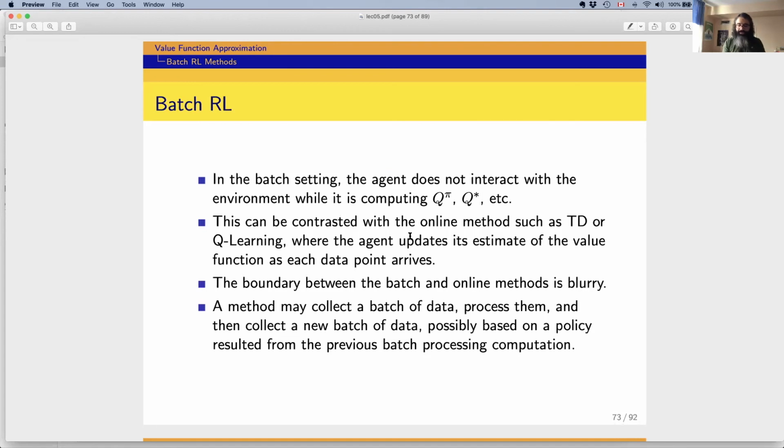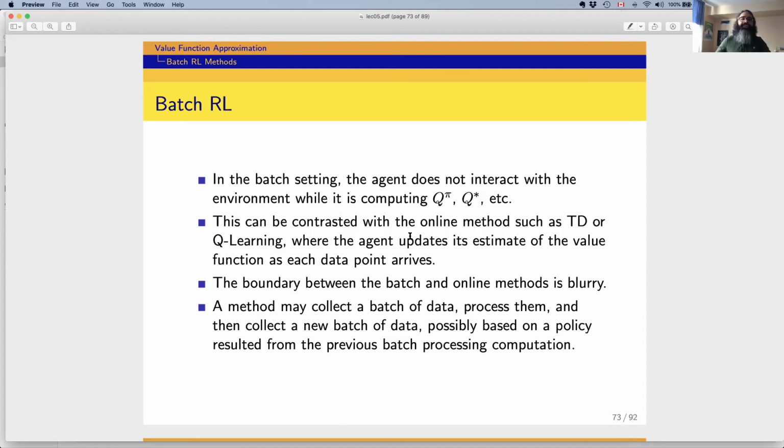So I can remember two reasons why we talk about batch methods. One is a practical reason: in some problems, we have a lot of data that has been collected before without an RL algorithm being in the loop. So you have a chemical plant, you have a controller, it has collected a lot of data, but that agent that controlled it wasn't a reinforcement learning agent. And now you want a reinforcement learning agent that gets that data and finds a policy that is better than the previous one.